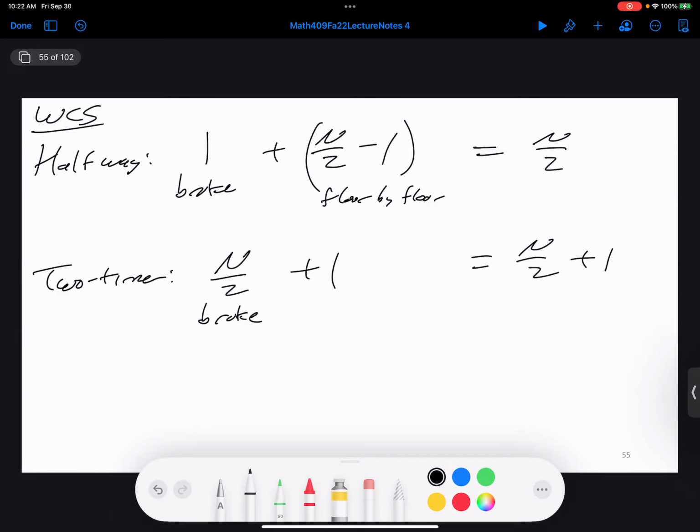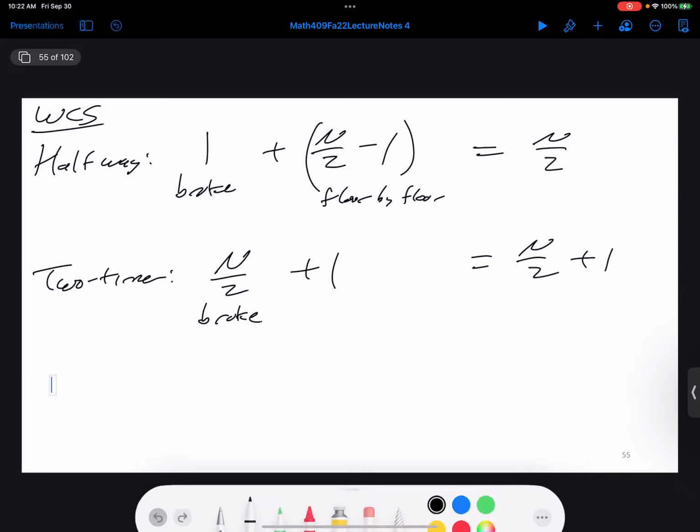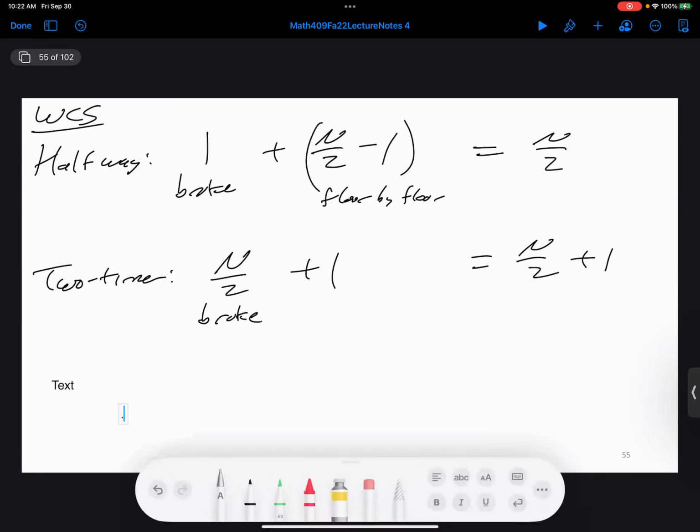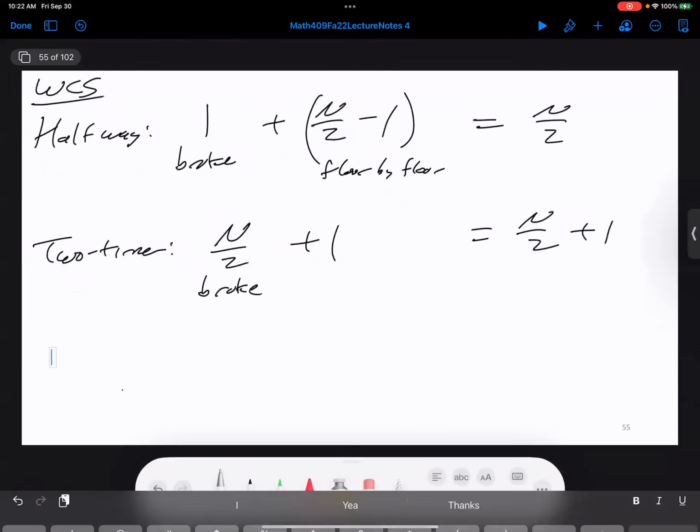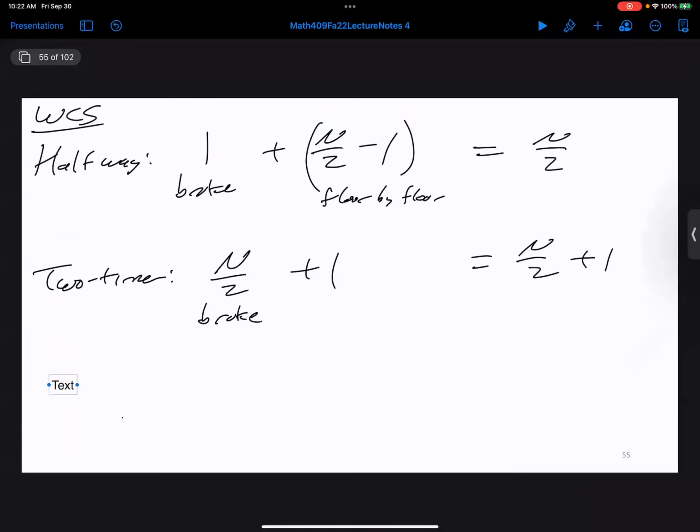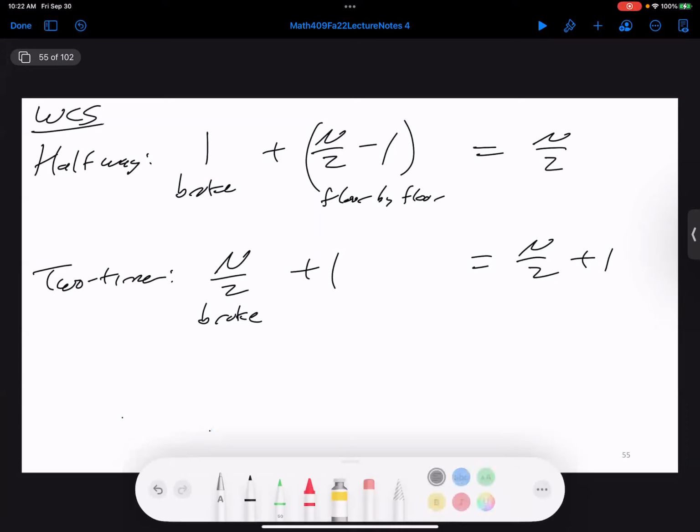Does the 3-timer take n over 3? So now let's think, instead of the 3-timer, let's do the X-timer. It shifted to text, and when I use text now, it actually causes some issues. So let's do the X-timer.